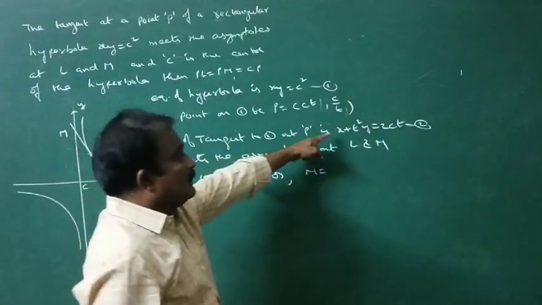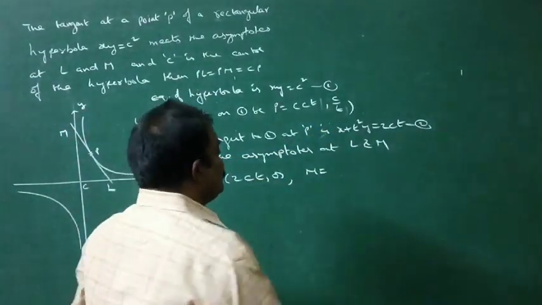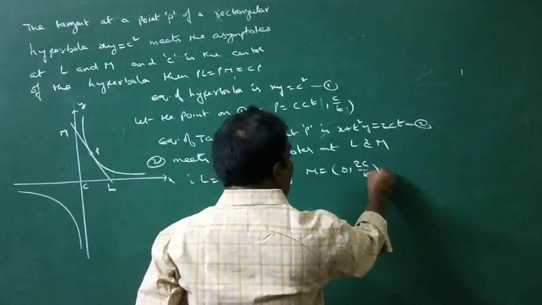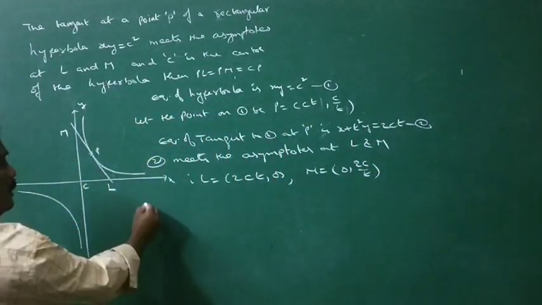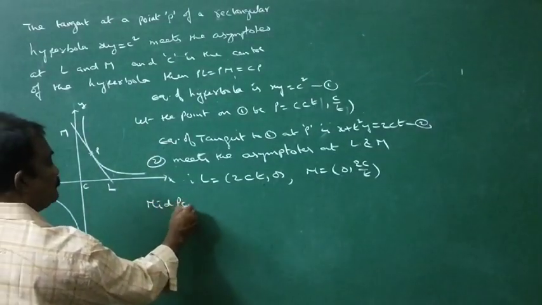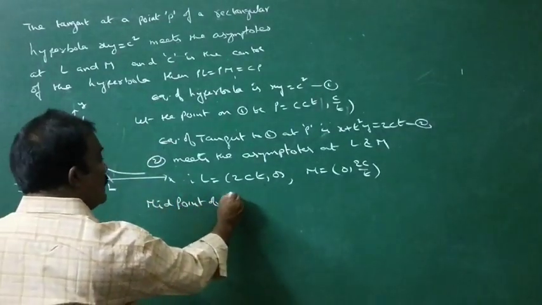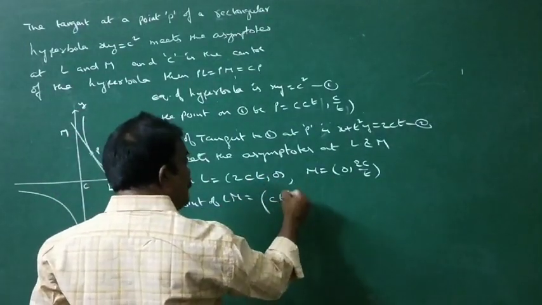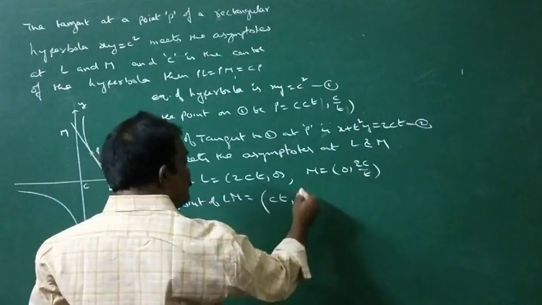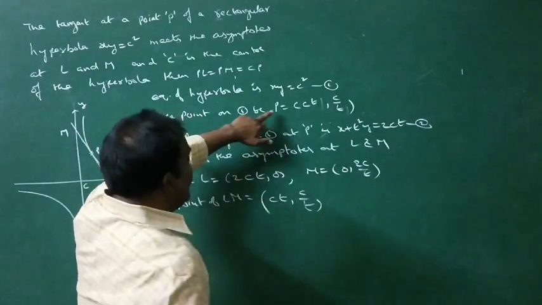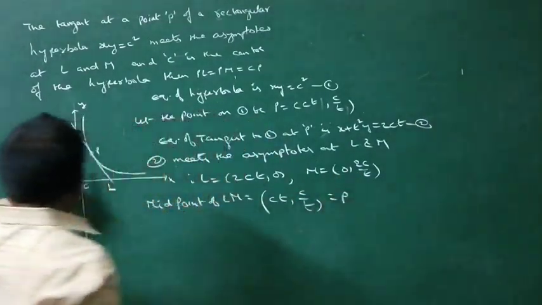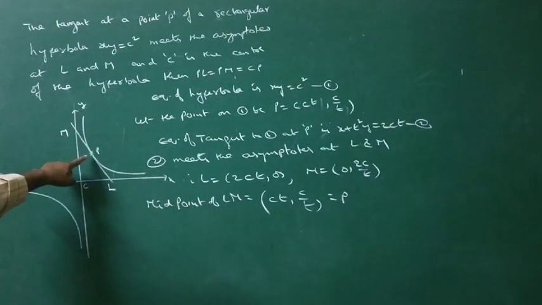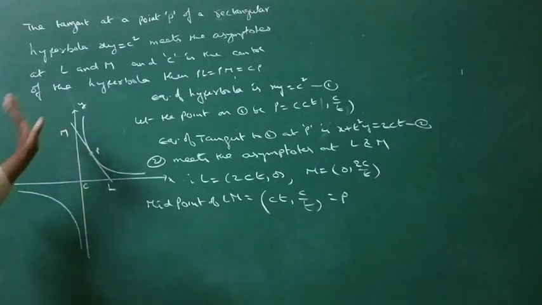Now we have to take x as 0. From this one, y equal to 2c by t. So midpoint of LM equal to 2ct plus 0 by 2 comma 0 plus 2c by t by 2, which is ct comma c by t. This is nothing but P. So here P is the midpoint of LM. From that one we will get PL equal to PM.